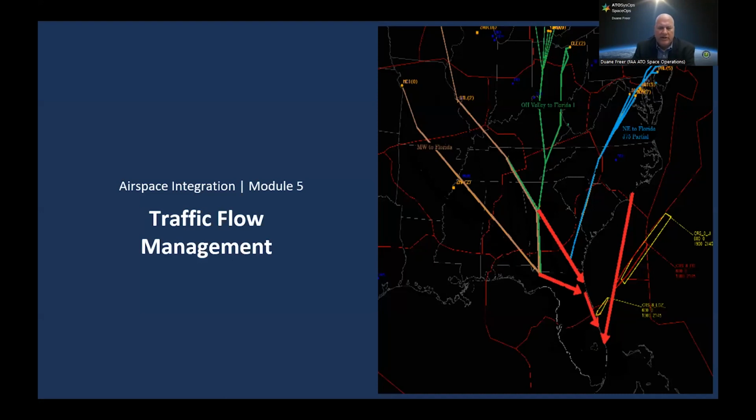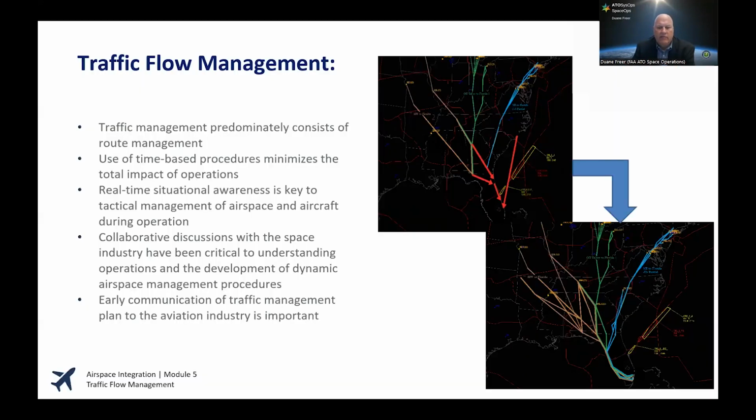That opening slide shows you typical flows of traffic and a launch from Cape Canaveral off the east coast of Florida. In the upper right-hand side, you'll see a typical flow of traffic. And then the management plan that's put into place will move those flows, and you can see how they shift to the west coast of Florida.